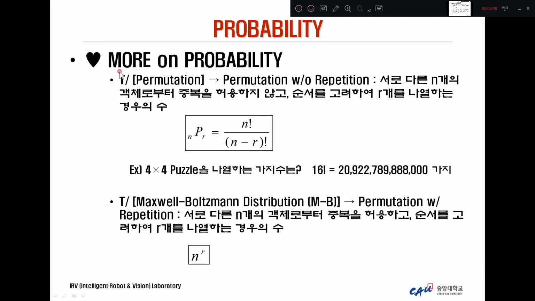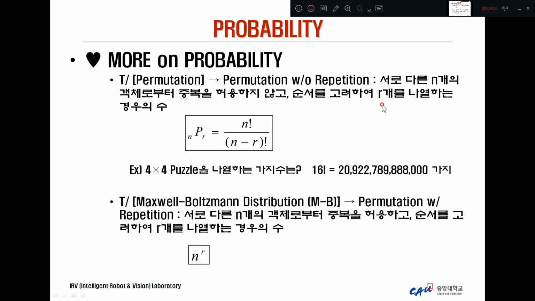Okay, more on probability. Theorem, permutation. We can think of permutation without repetition. So we have n different and distinct objects. From those n objects, we don't allow repetition, and we consider the order and pick r objects from those n objects.